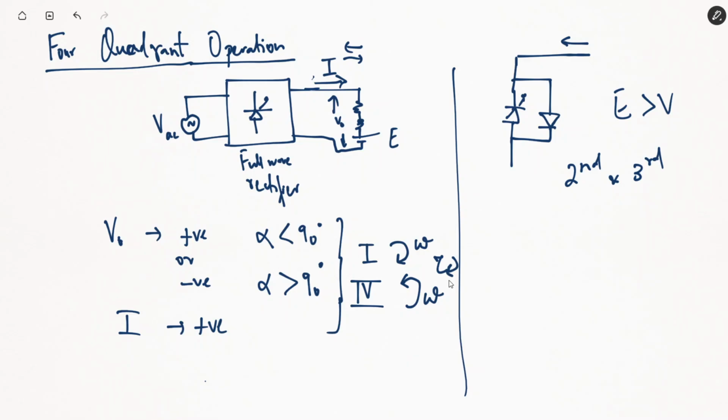That means if the voltage E is greater than the source voltage, at that time the diode will be forward biased and the thyristor will be reverse biased. Only then will this diode let the current flow into the source. Say for example, we have an arrangement like this.